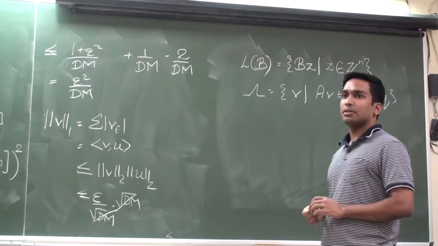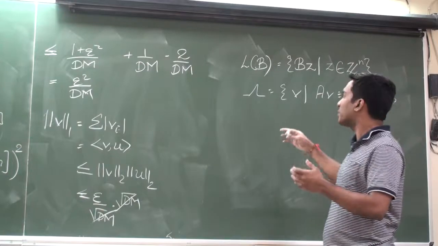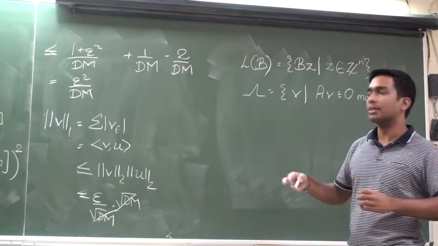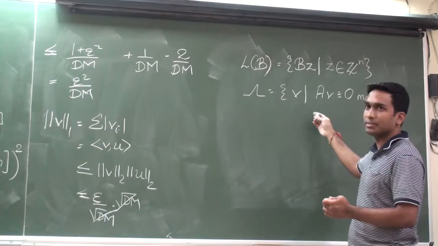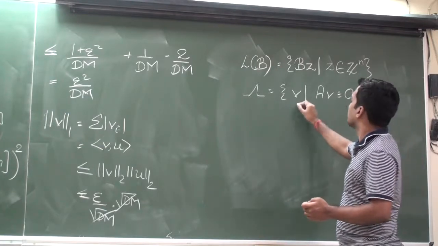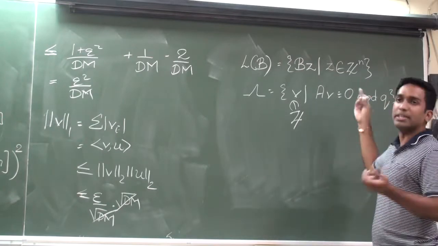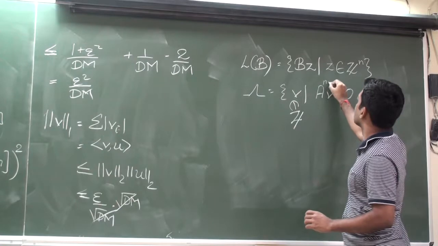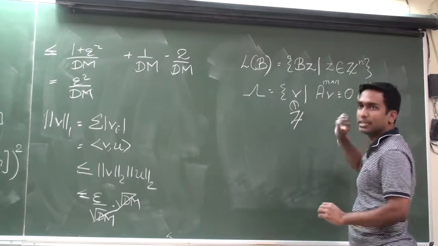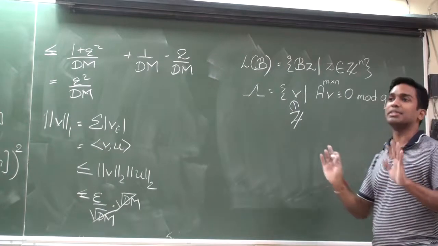So if you can solve this, this is also a lattice. It's actually in Z, because integer vectors. A is some matrix, not a basis. It can be some matrix of n cross n dimension. A is a randomly chosen matrix.